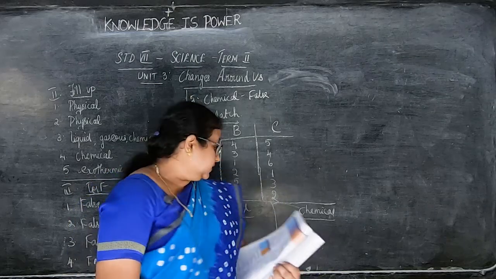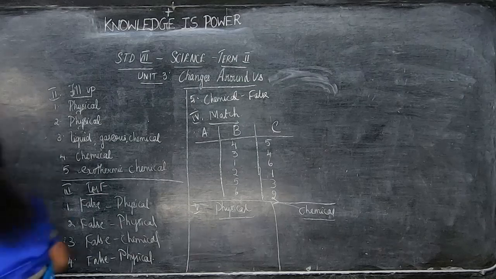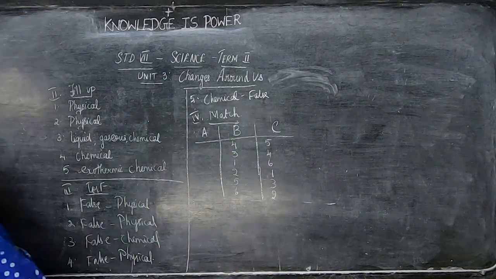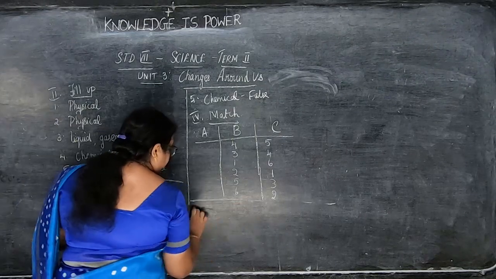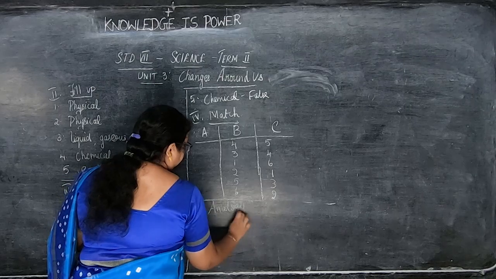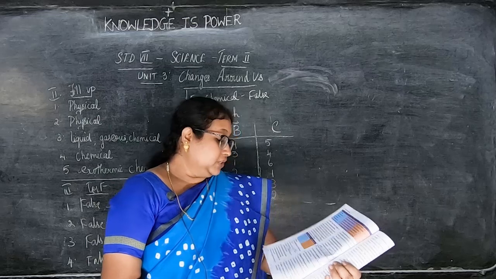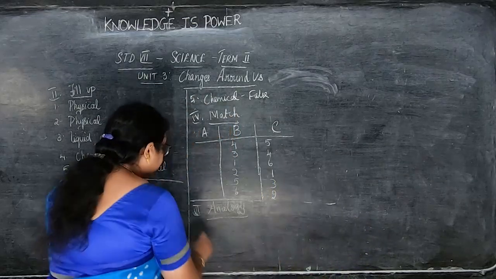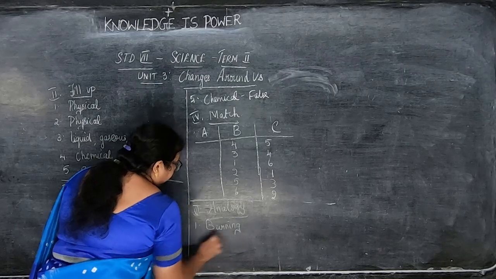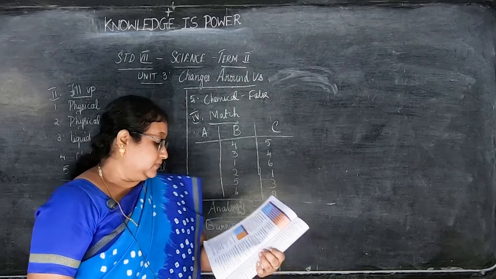Okay, children. Next is Roman number 6, analogy. Physical change is boiling, chemical change is, answer is burning. Then second one, wood to sawdust is physical change.